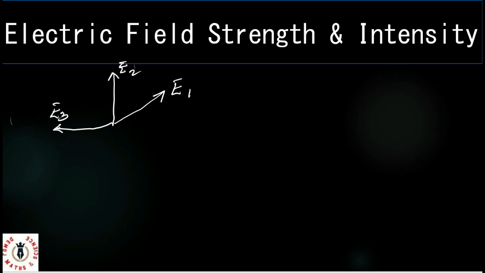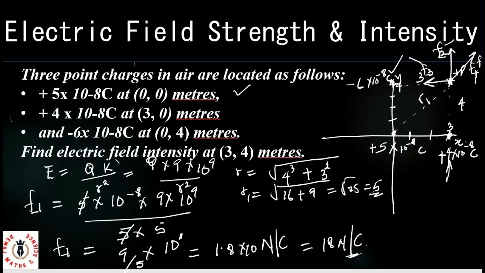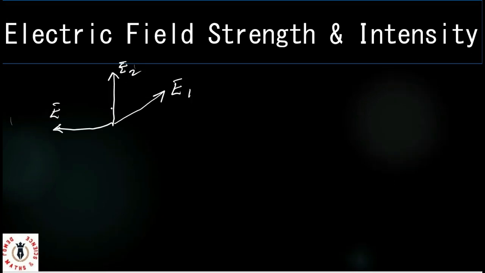Now for my E1, let's pick E1 first. My E1 is 18 newton per coulomb. Now at what angle is 18 to the x-axis? I want to do this so that I can resolve my E1 to both the y-axis, let's call this EY, and the x-axis, let's call this EX.